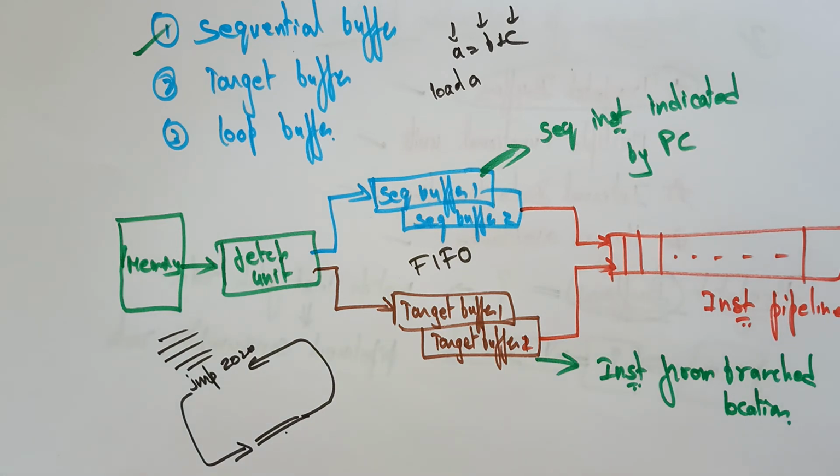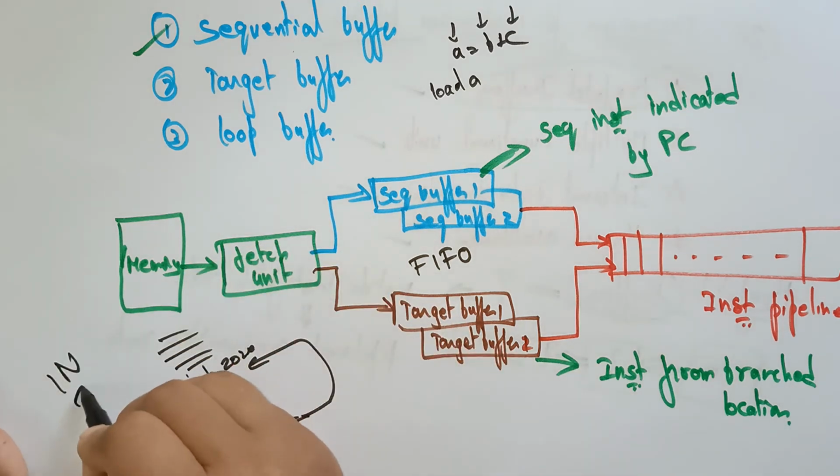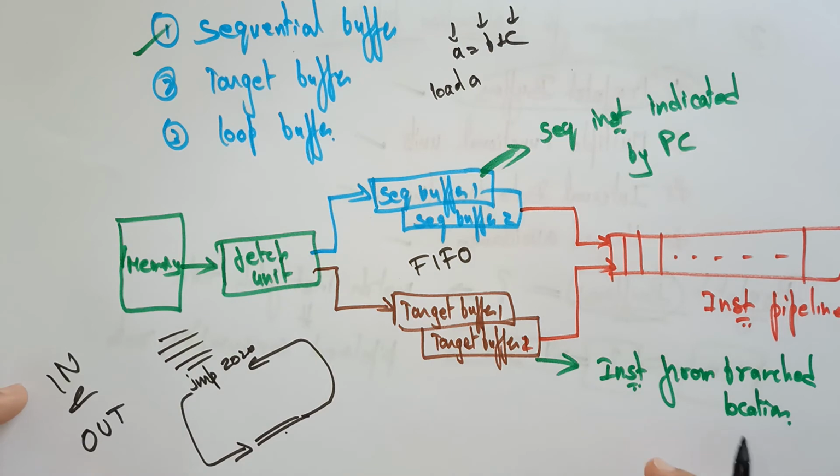This prevents collisions between instructions flowing in and out, that is, between instructions coming from memory and being sent to the instruction pipeline. Because of this in-and-out flow, there is no collision in memory accessing.